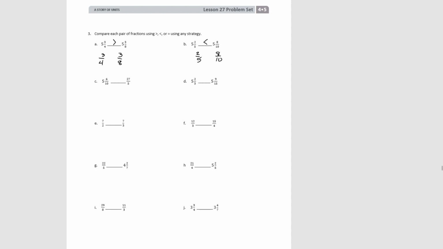We could also, since 5 and 10 are related, change to the same denominator by decomposing by 2 and get 4/10. Comparing 4/10 to 8/10, we see that 5 2/5 is less than 5 8/10.